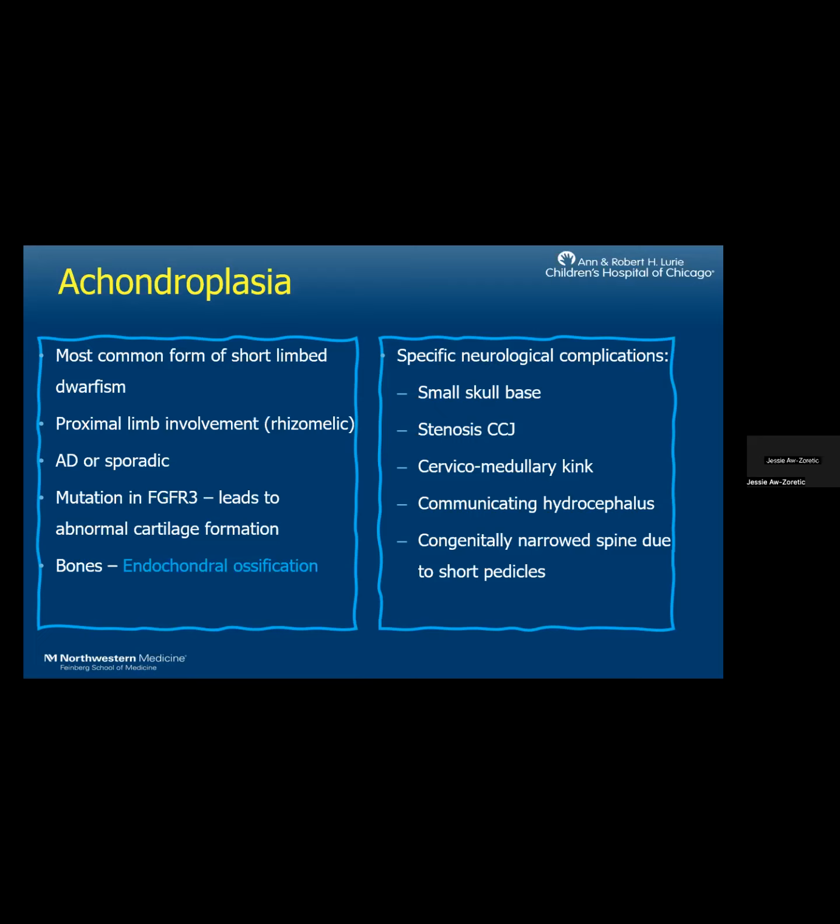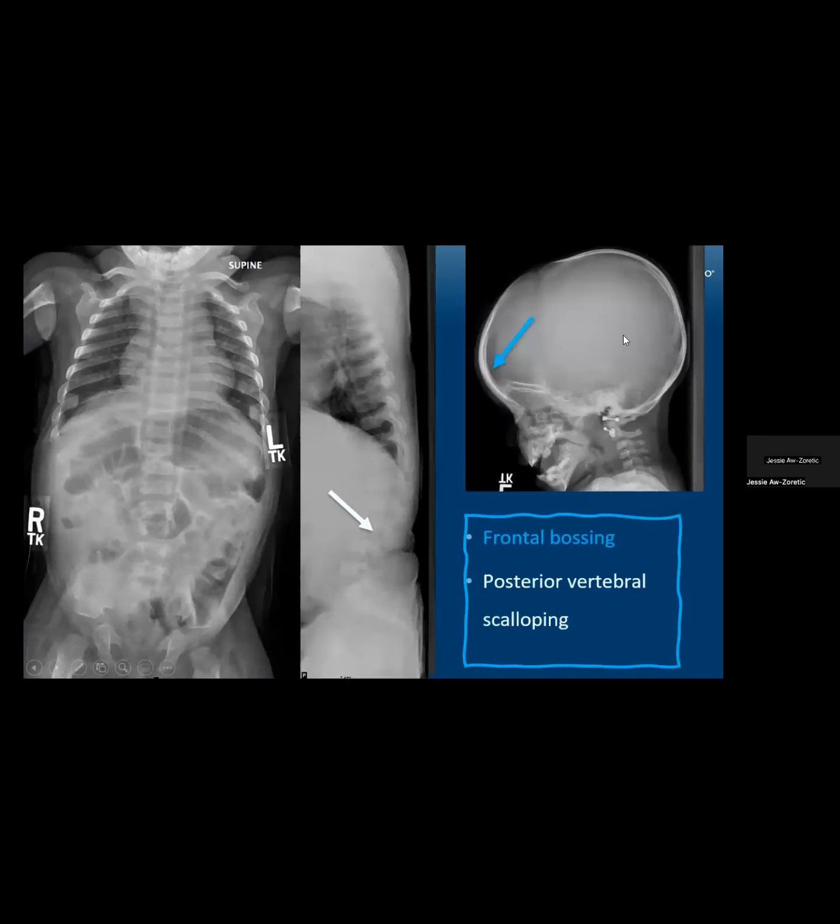So the rest of the skull plus the brain and the cord is growing normally, while the skull base remains small. That leads to what we see: an enlarged cranial vault relative to a small skull base, and it also leads to the frontal bossing appearance.